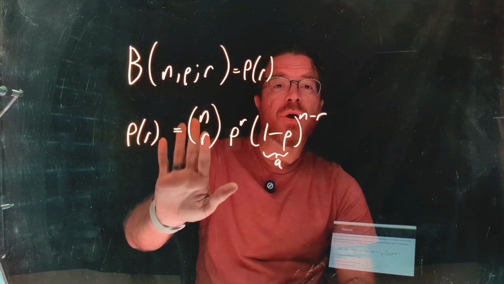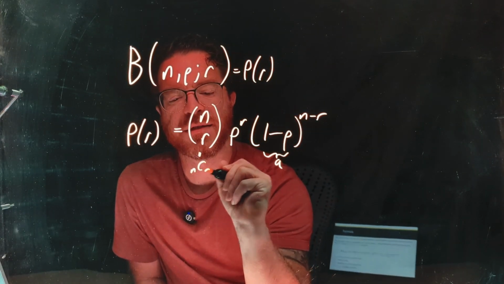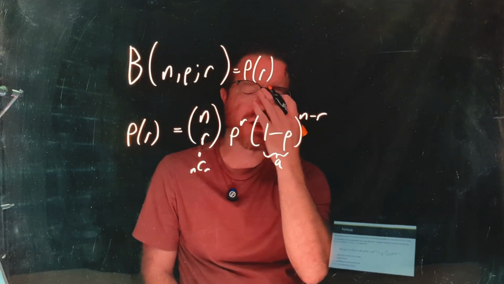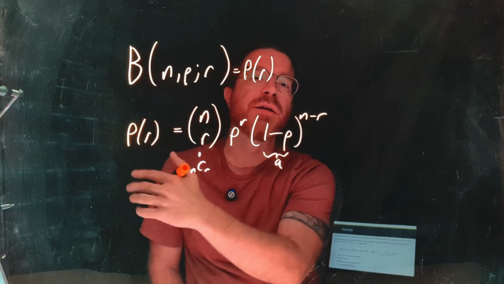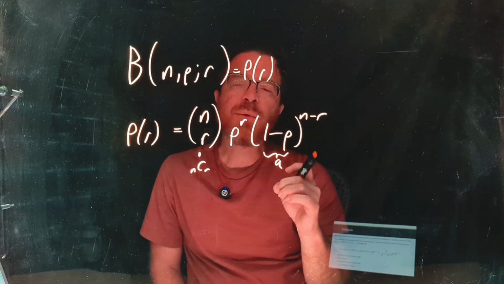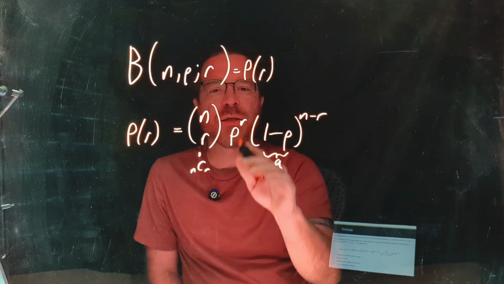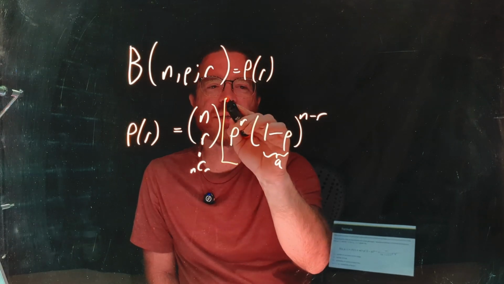This n choose R, if you remember, is just another way of writing nCR, which is taking the combination of n objects and how can I select R number of those objects where order does not matter. Now, one thing I want to talk about briefly is, where does this term come from? We'll go to the first part in a second. But where does this term come from?